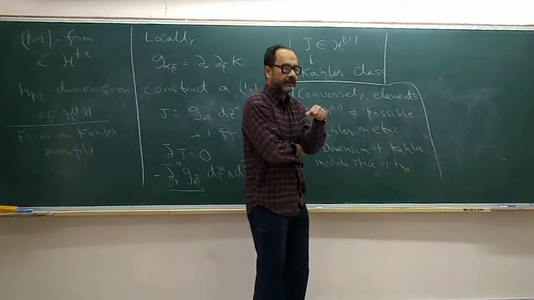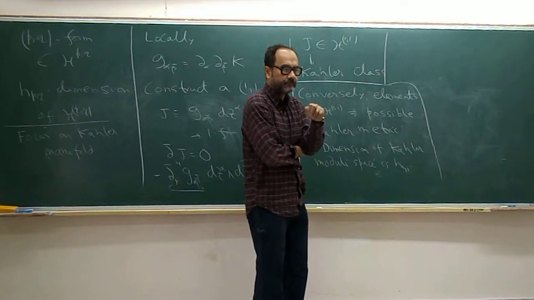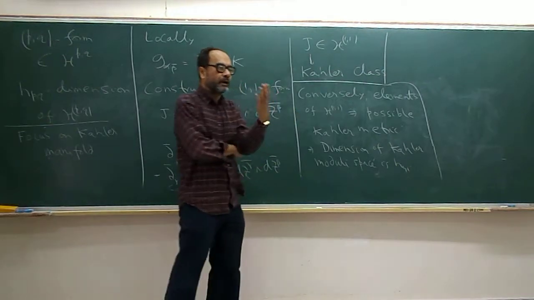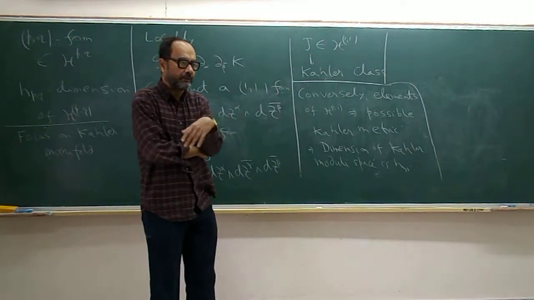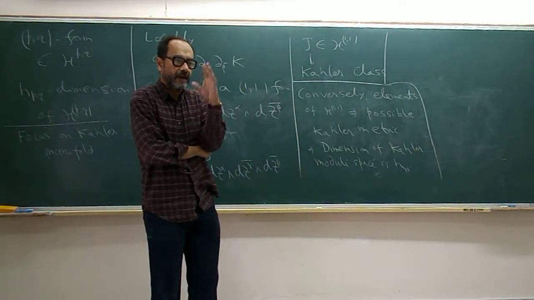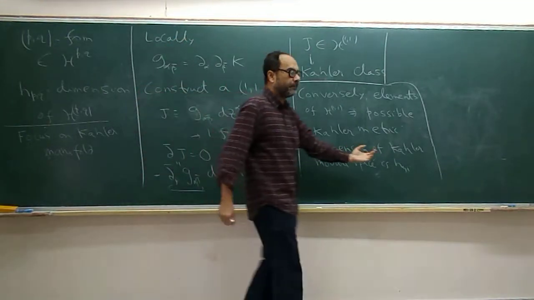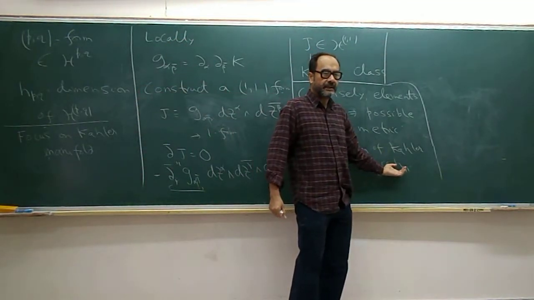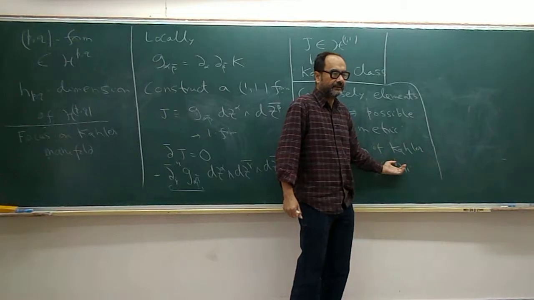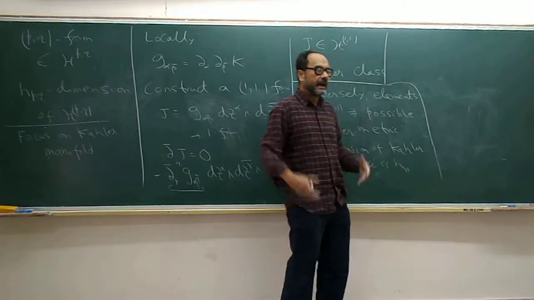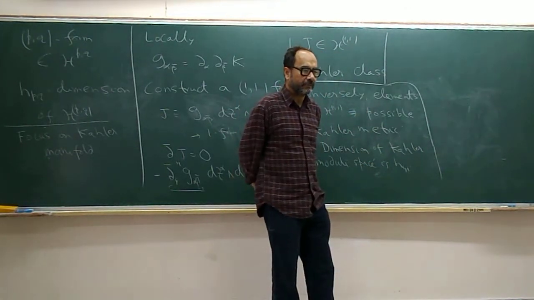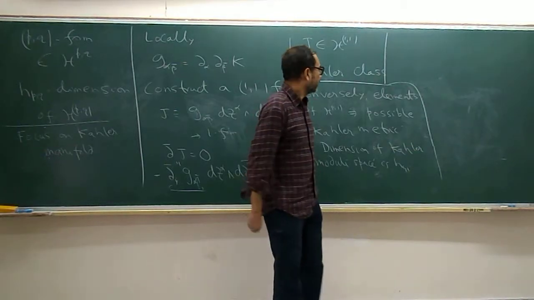So given H^{1,1}, the metric is not fixed because you can put a family of metrics, and that family is parameterized by h^{1,1} parameters, because h^{1,1} is the dimension of the space of this.